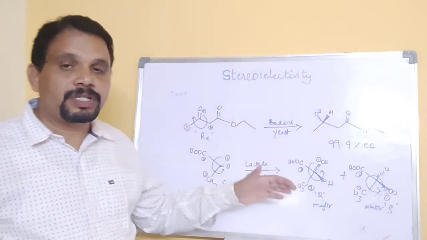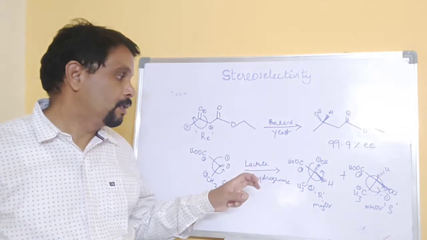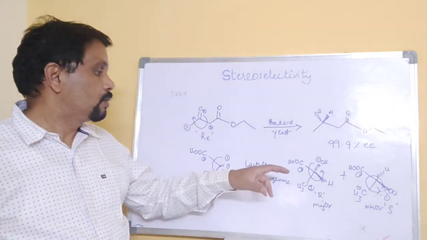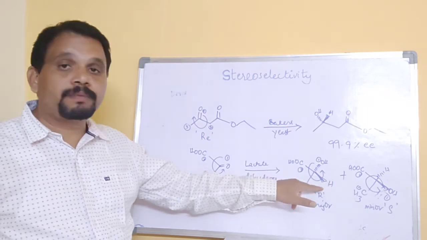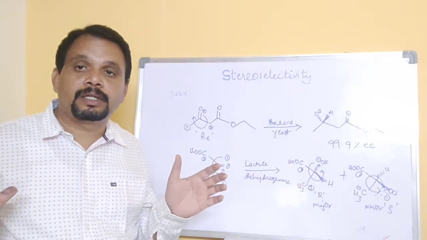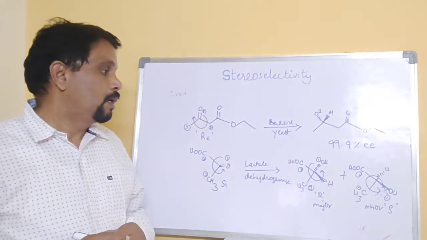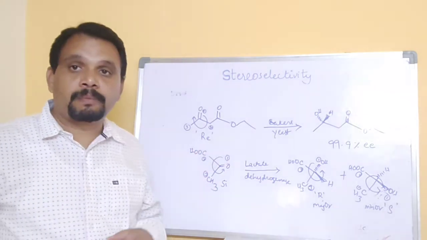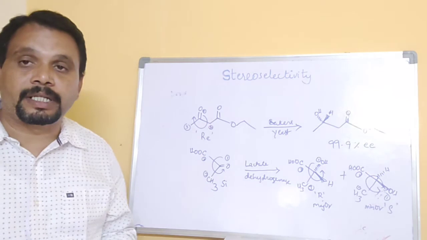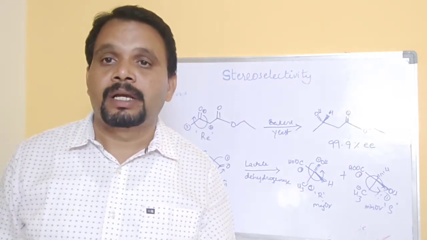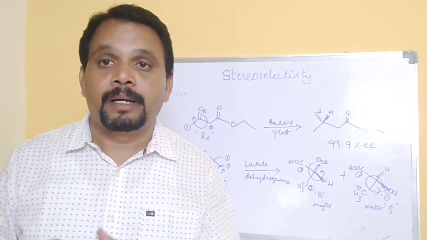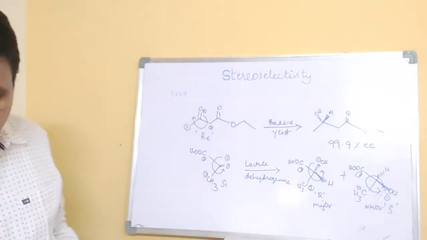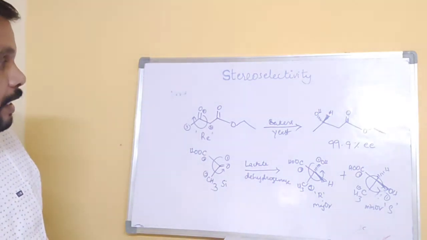So one is major and the other is minor in this reaction. Among these, one forms predominantly over the other possible product enantiomer. This is called product enantiomer selectivity, and these reactions are the best examples of product enantiomer selective reactions.